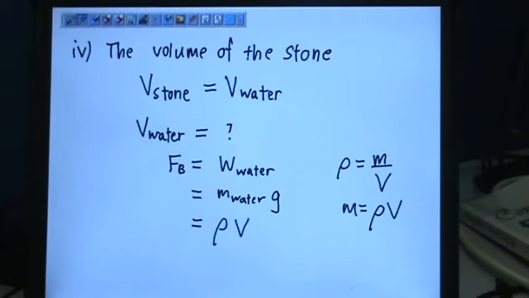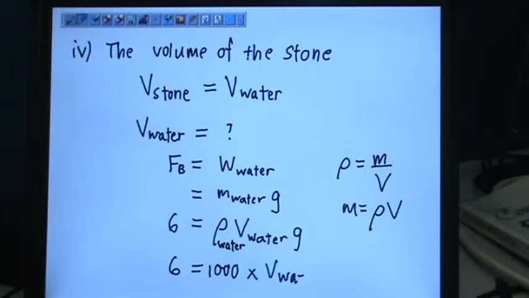So I have rho V of the water G. This is also water. So here's 6. Then still water 1000. Volume of water unknown.